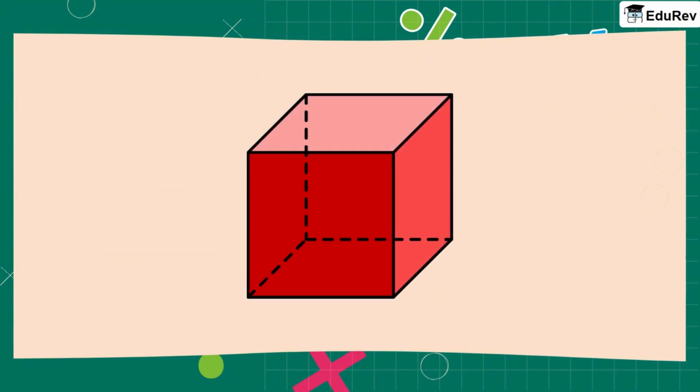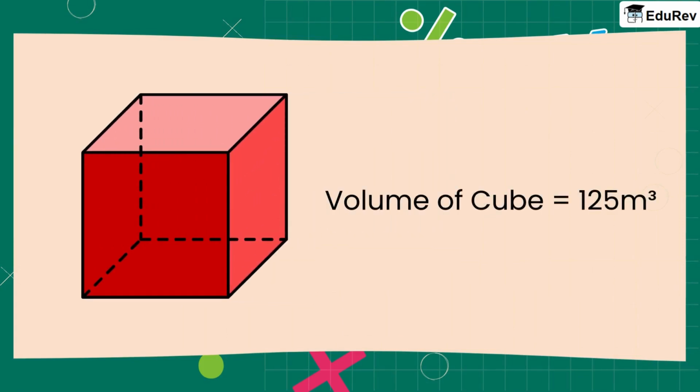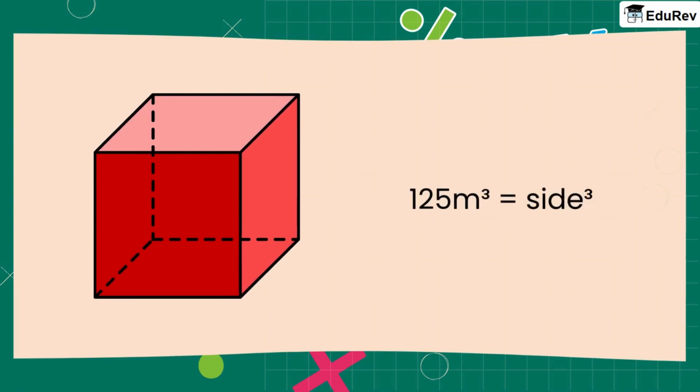Next concept we have is cube roots. Imagine you have a cube. The volume of the cube is 125 meter cube. You need to find the length of the side of the cube. We know the formula for the volume of a cube, that is, side cube. To find the length of the side, we need to know which number has its cube equal to 125.